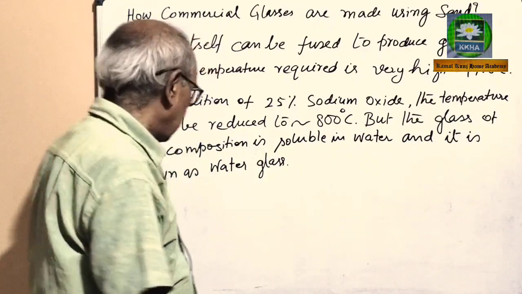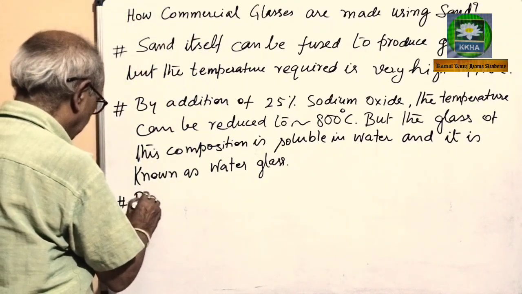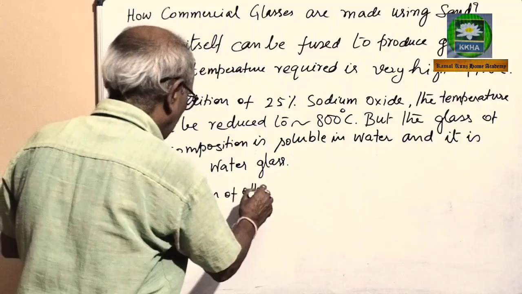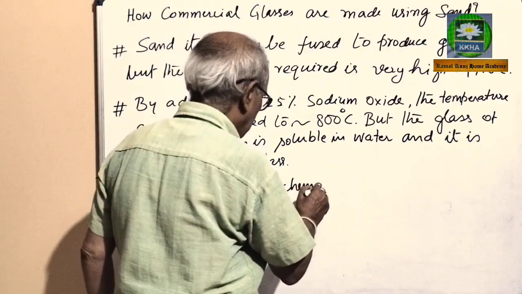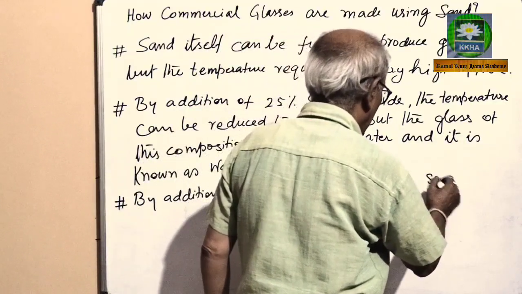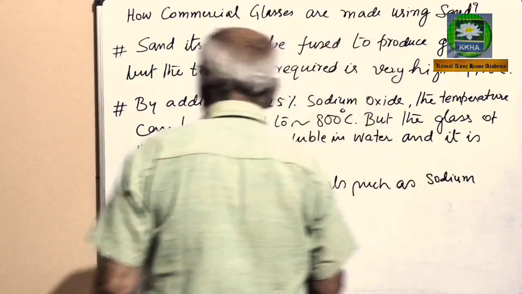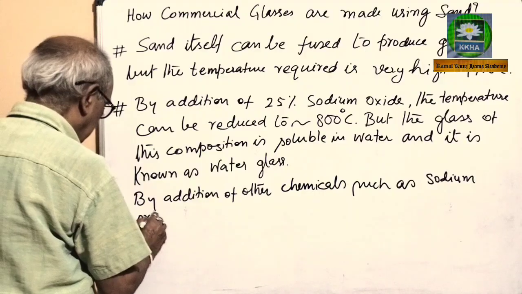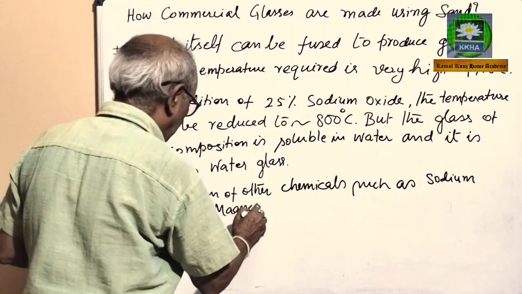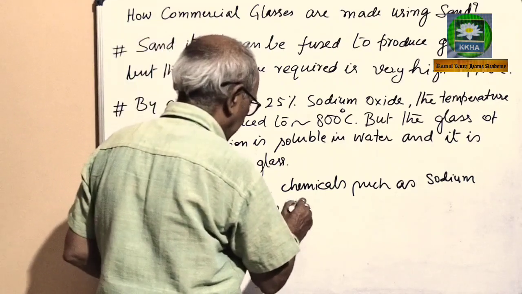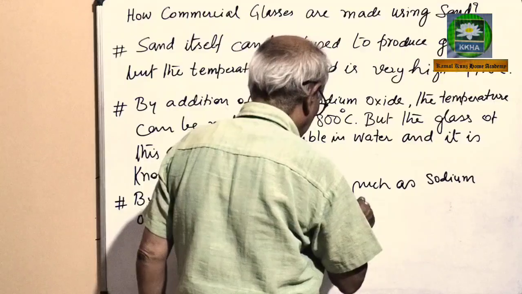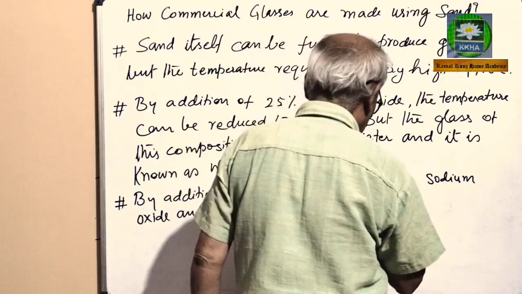Now, by addition of other chemicals, such as calcium oxide and magnesium oxide, glasses can be made stable.